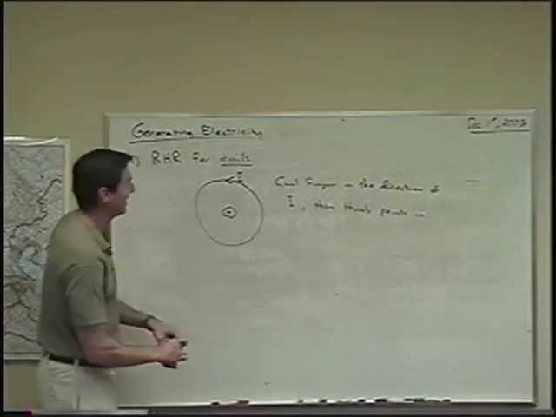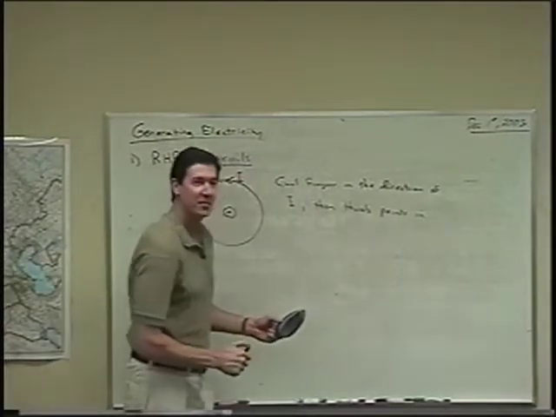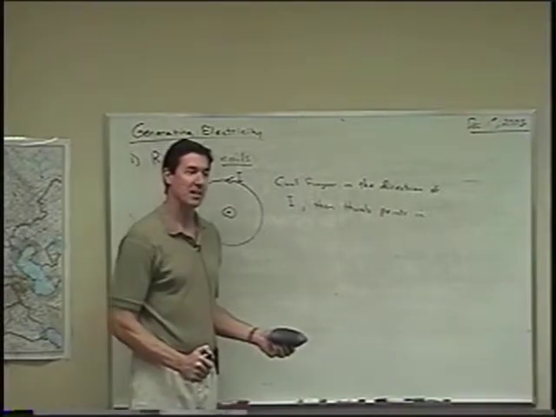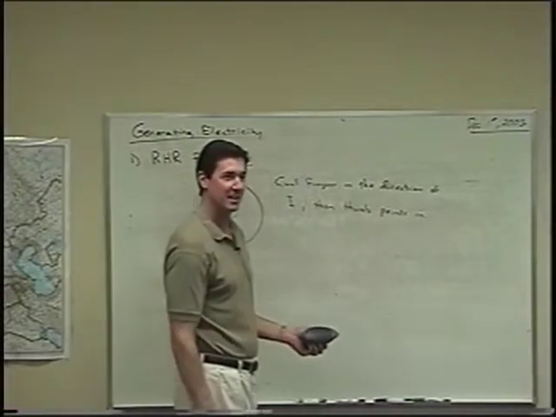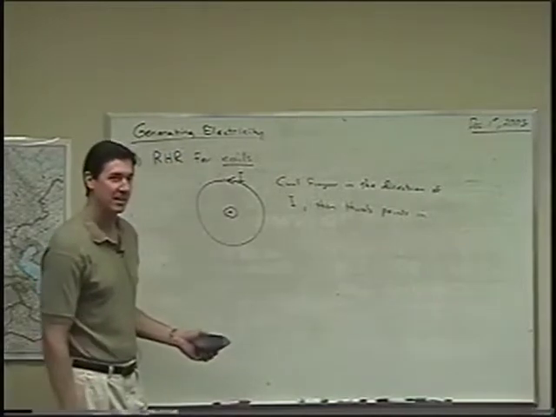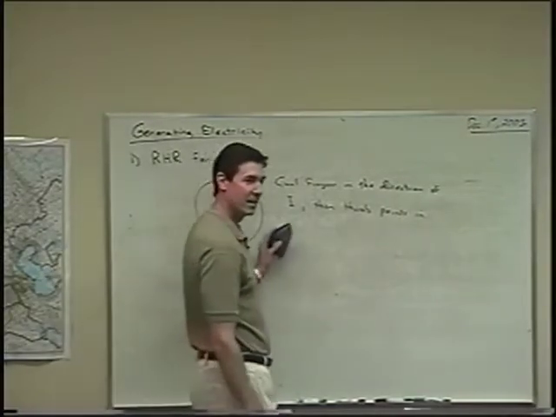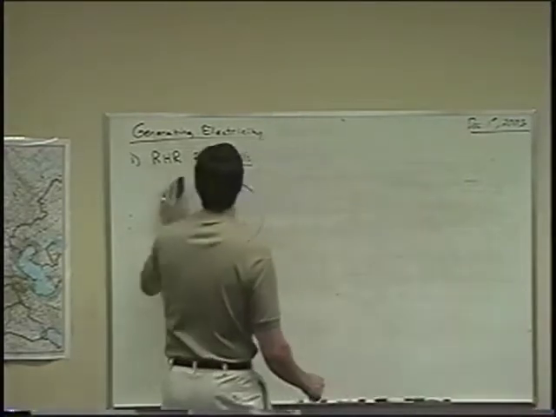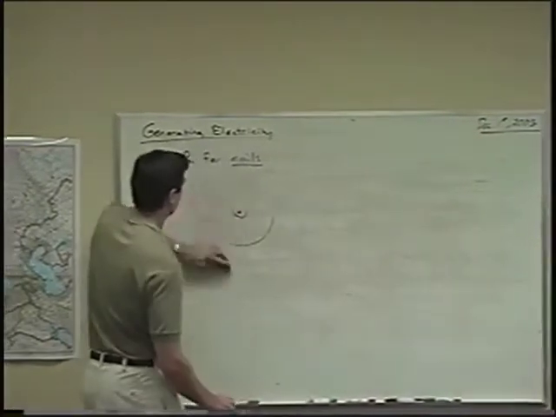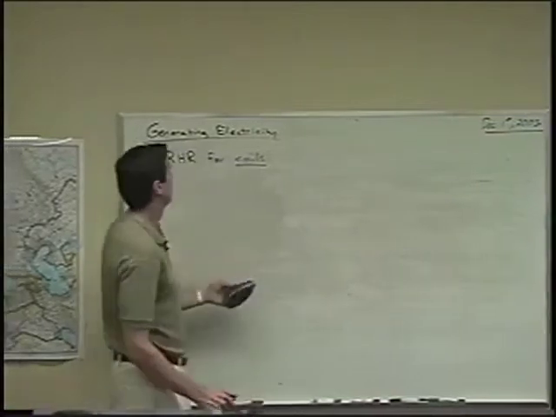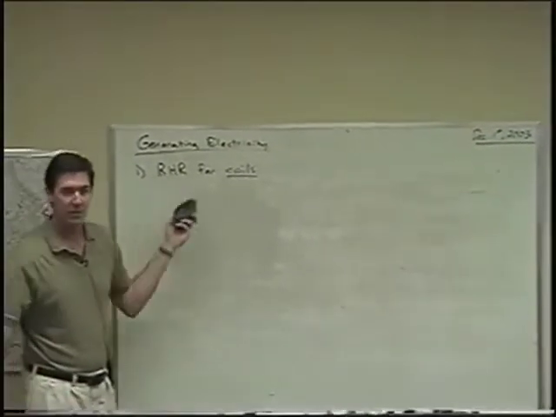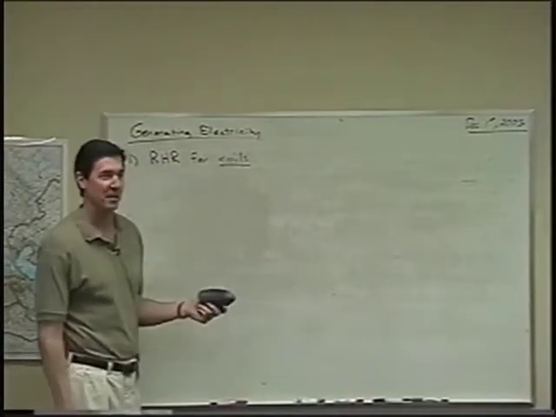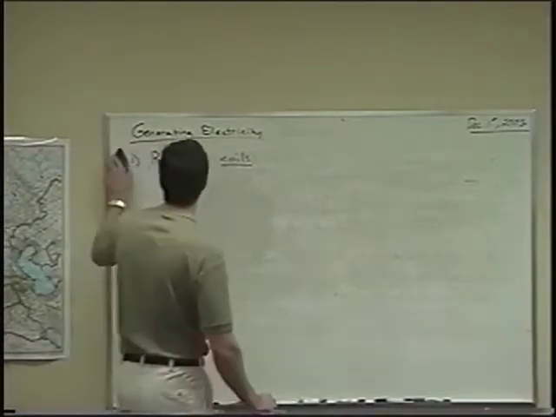Yeah. Then thumb points in the direction of the magnetic field inside the coil. And since coils will be used everywhere in electricity and magnetism now, it's handy to know this little shortcut rule.